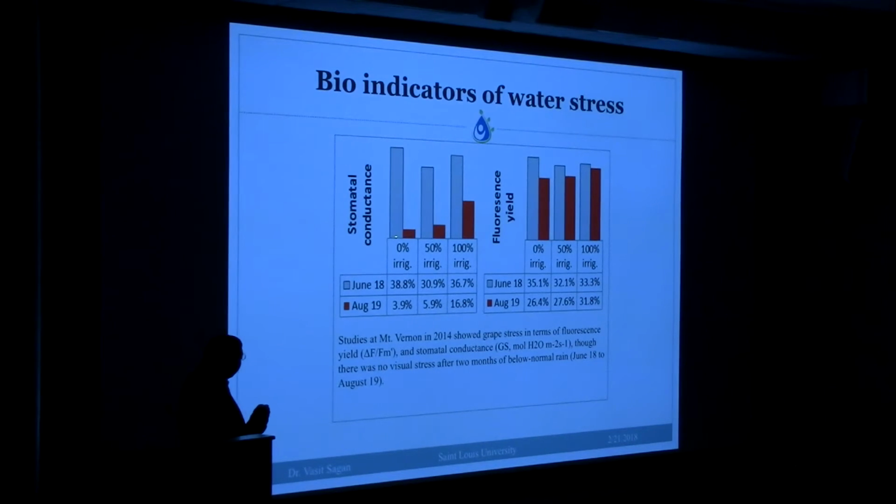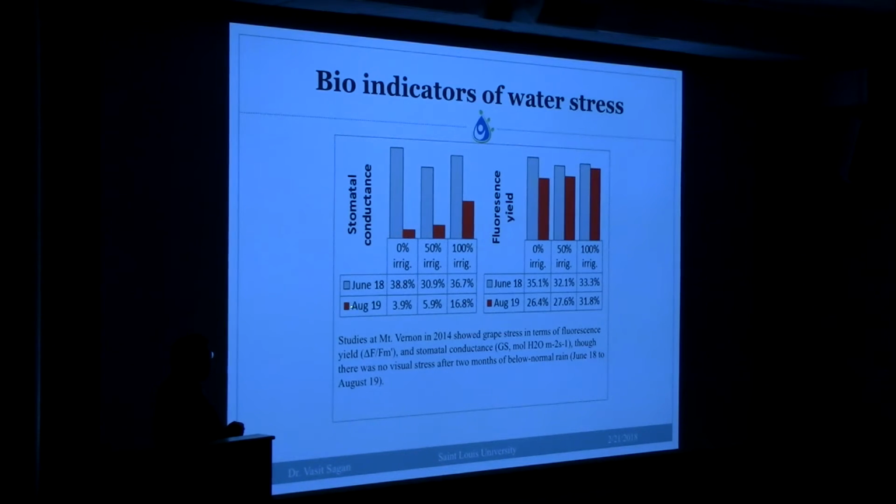And I forgot to explain that this data represents 0% irrigation, so no irrigation, rain-fed, right? Then 50% irrigation, and then 100% irrigation, full irrigation. So between those three treatments, when there is no water stress or rainfall is good, what we see is very little change in stomatal conductance.